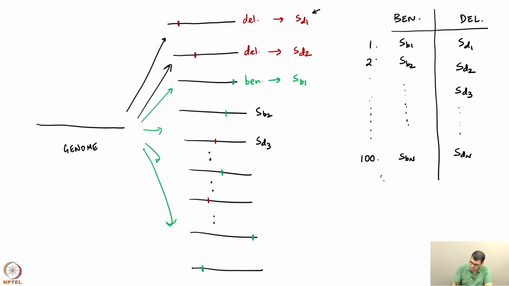Let's only worry about the beneficial mutations when we are trying to understand this. We will make the following plot. On x axis is S and on y axis is the percentage of mutations.